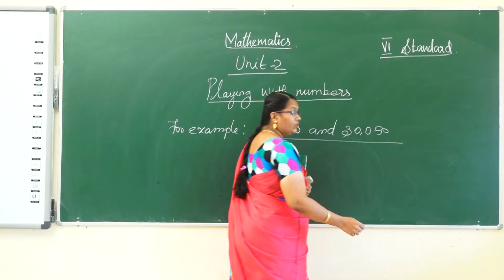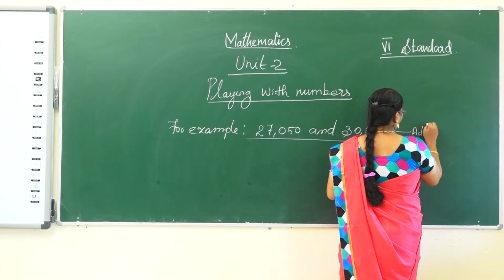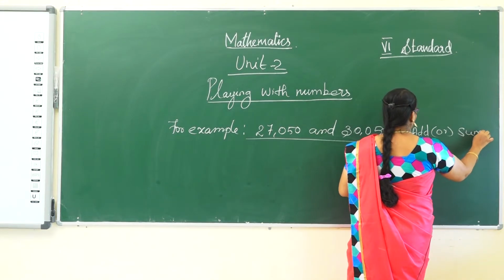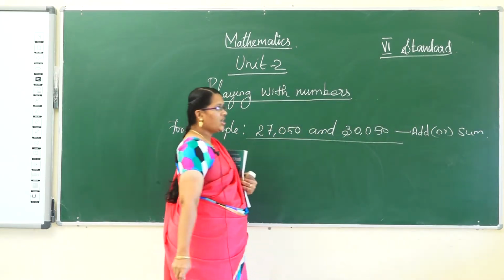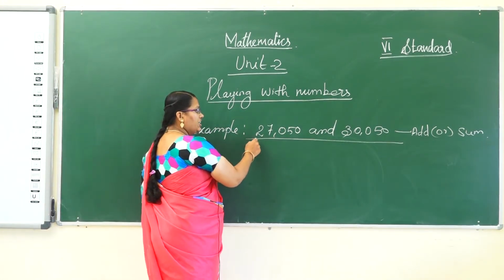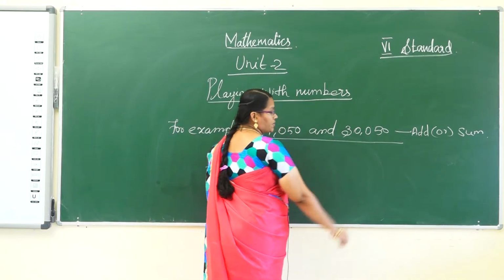We have considered the two numbers. Add. Another name for it is sum. We call it addition, add or sum of the numbers: addition of the numbers 27,050 and 30,050.